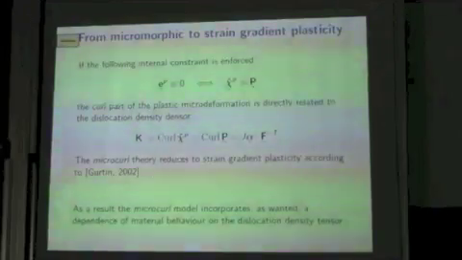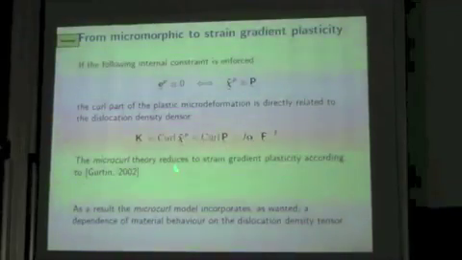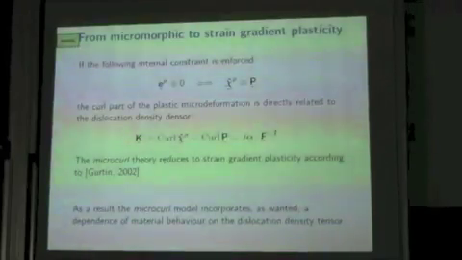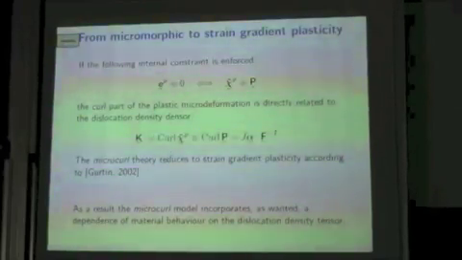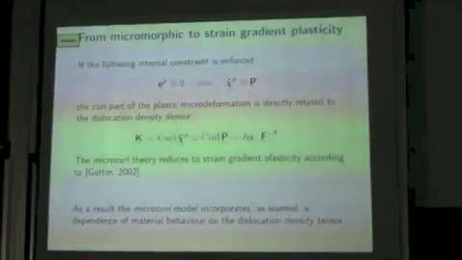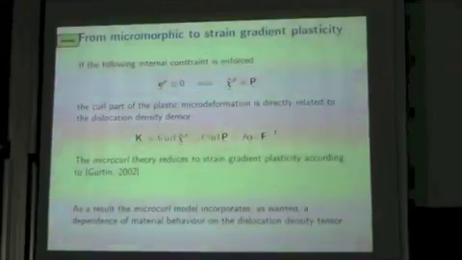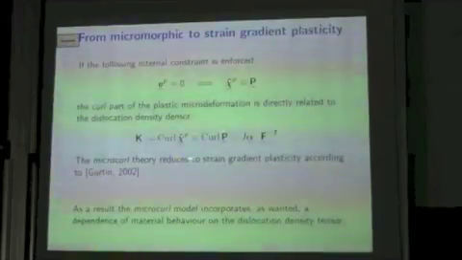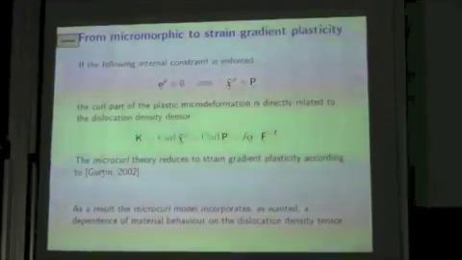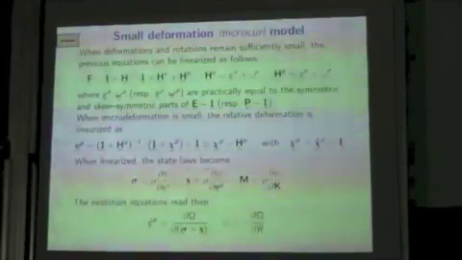If you do that, the K variable, which was the curl of the micro deformation, is simply the curl of the plastic deformation itself, and this is exactly the dislocation density tensor that Kröner introduced, the same definition as Kröner's dislocation density tensor. Okay, so the strain gradient plasticity models that are based on the dislocation density tensor arise as a special case of the micromorphic model you have here. Okay, so in the example we will do some linearized formulation.